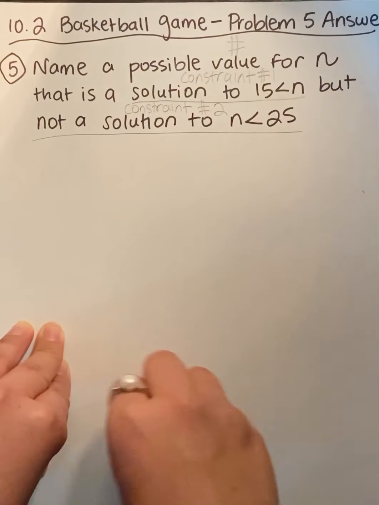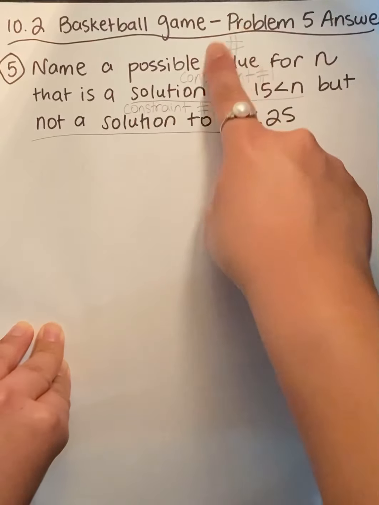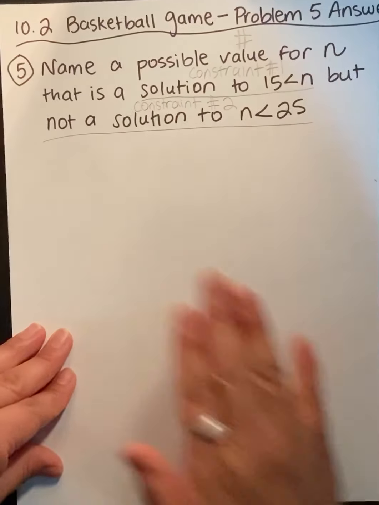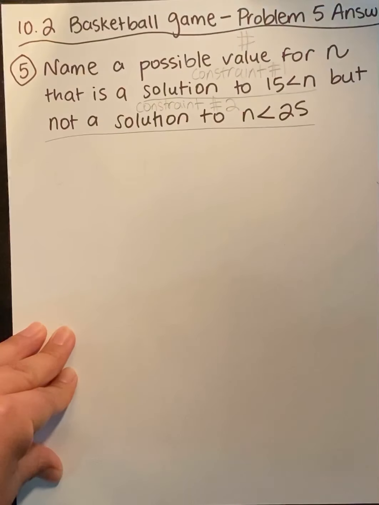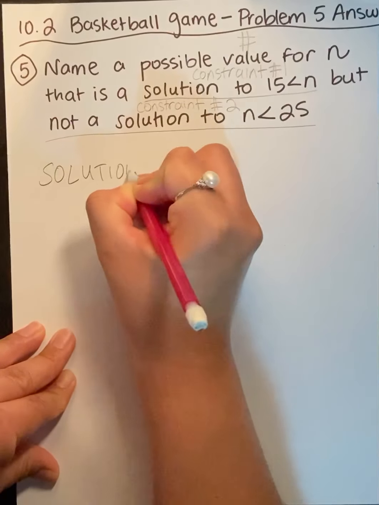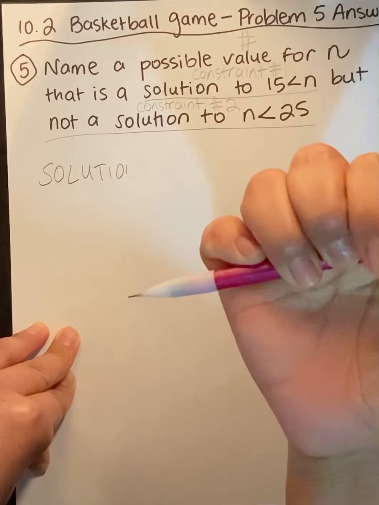To help me remember that as I am looking for this number for n, I am going to write on my paper here, solution, to remind me that this was one of the constraints.